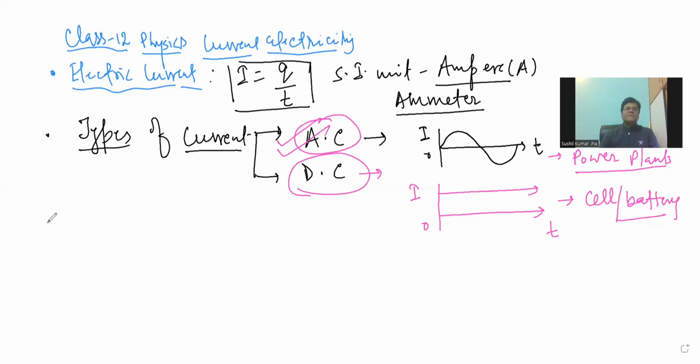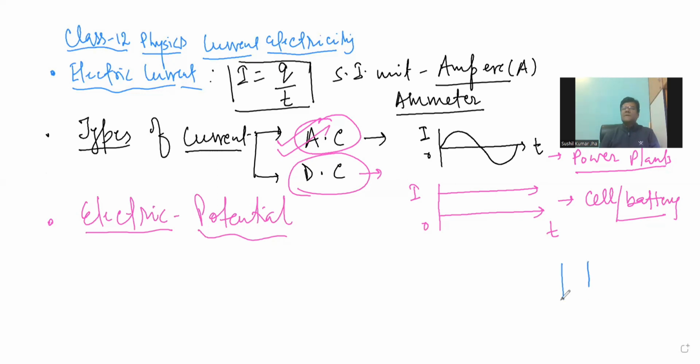Now let us come to the electric potential. When we talk about electric potential, like we have a battery, and in a battery, what is actually stored? Inside a battery, basically chemical energy is stored.